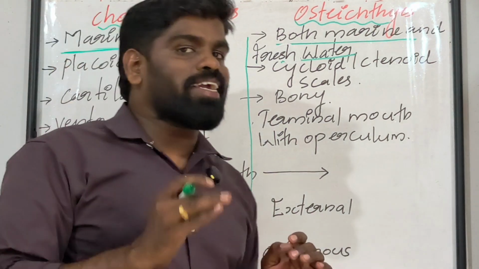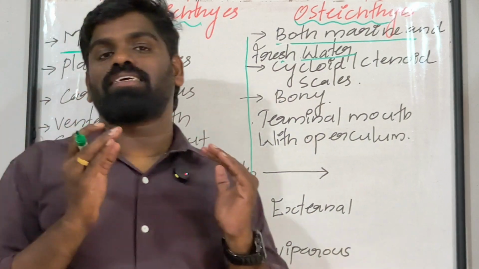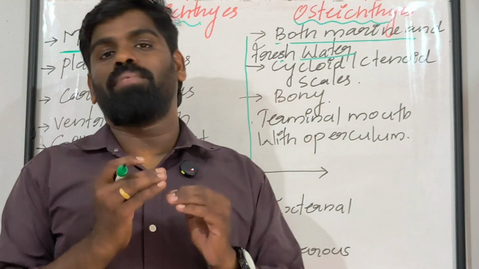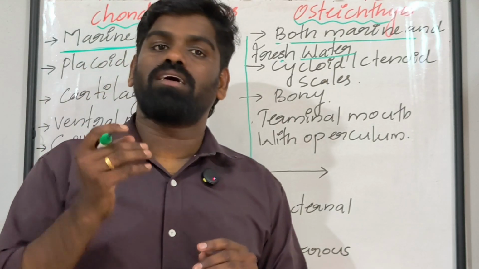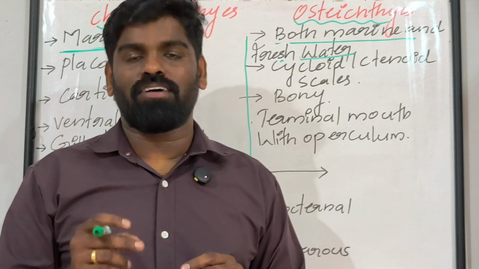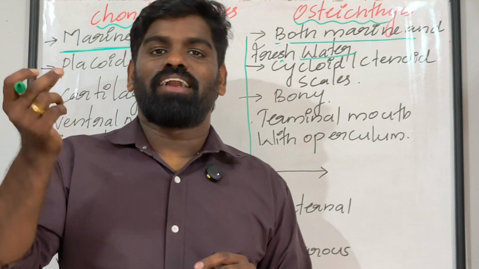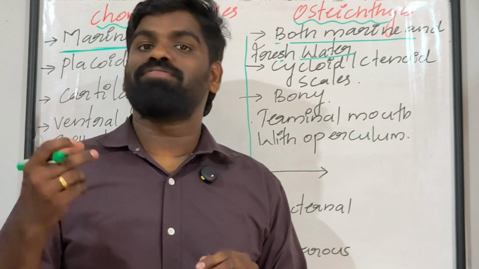See, as in the beginning itself I told you, for remembering the characteristics of the animal kingdom, we have to compare and study. We have to compare the characters with other classes or other phyla. Then only can we remember the characters. Otherwise, we will forget them.